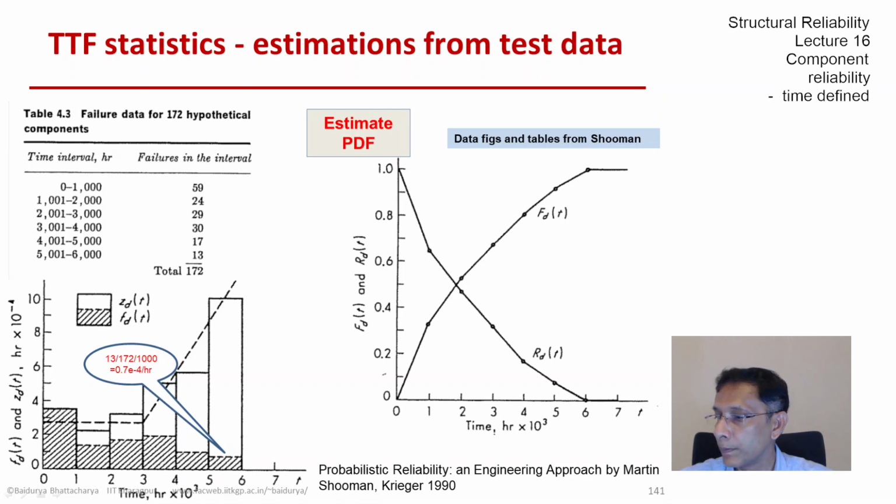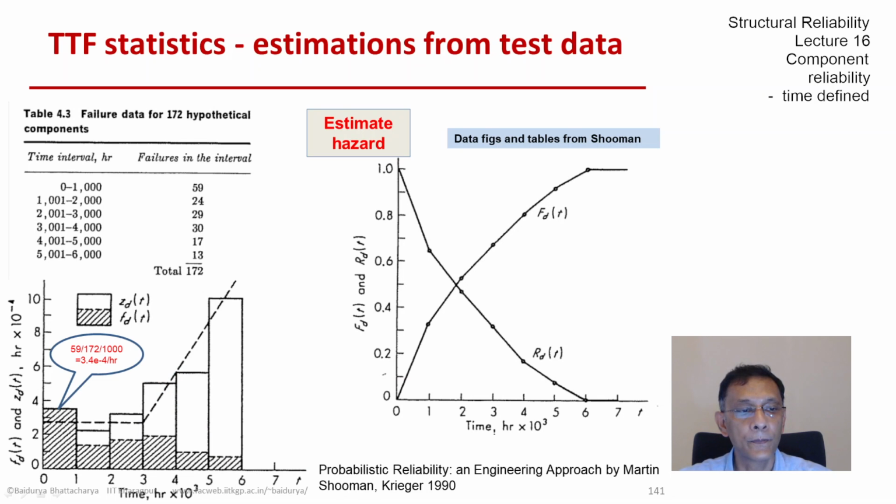Let us now estimate the hazard function. So the hazard function looks at the ratio of the PDF and the reliability function. That's one way of estimating it. So here, we have 59 failures, 172 items at the beginning of the interval.